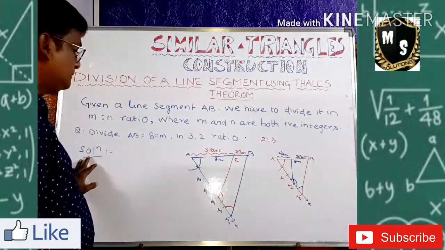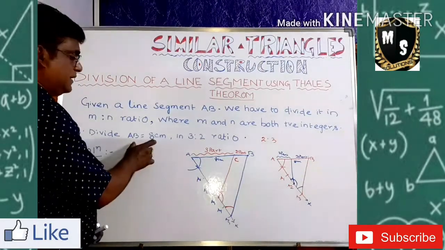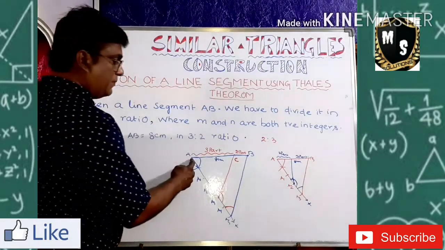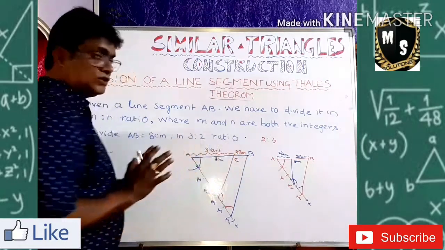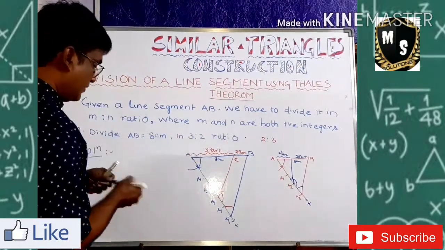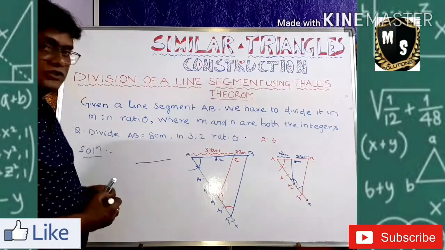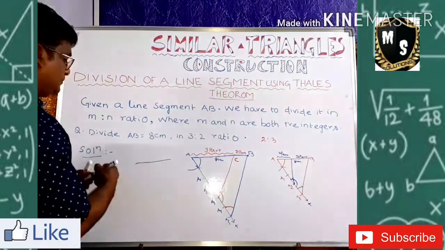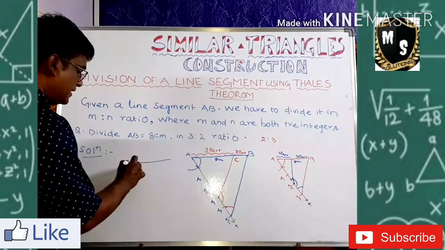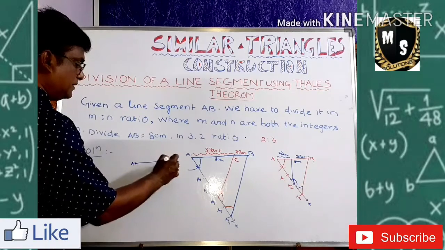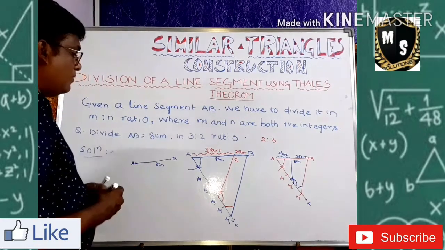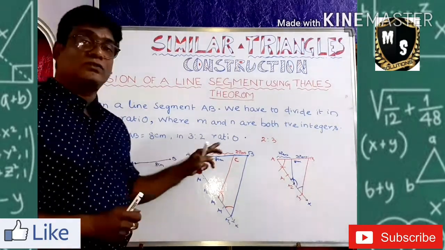The solution is, see now what I did. First I took AB equal to 8 centimeter. Immediately after taking it, put the names and the measurements. Now we have to divide it in 3:2 ratio.